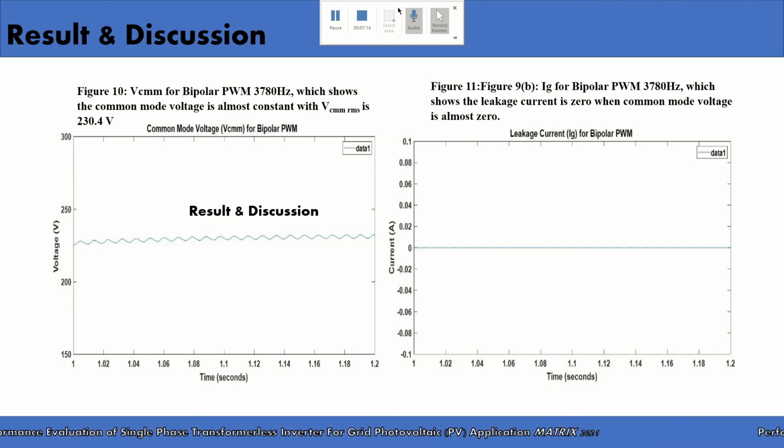The RMS value of the common mode voltage for bipolar is equal to 230.4 volts, while the leakage current value is almost zero.